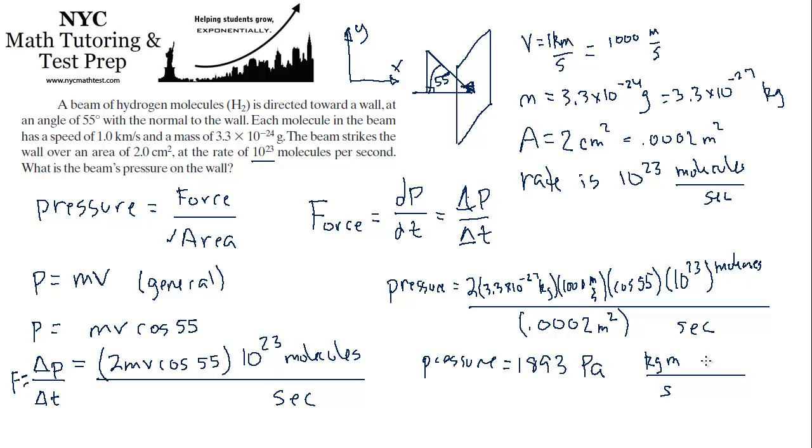Molecules per second. What do we want to do with molecules? Do we want to include that? I guess we'll include it for now. We may have to justify getting rid of it. And we also have meters squared in the denominator. Meters squared. Sorry for the penmanship there.